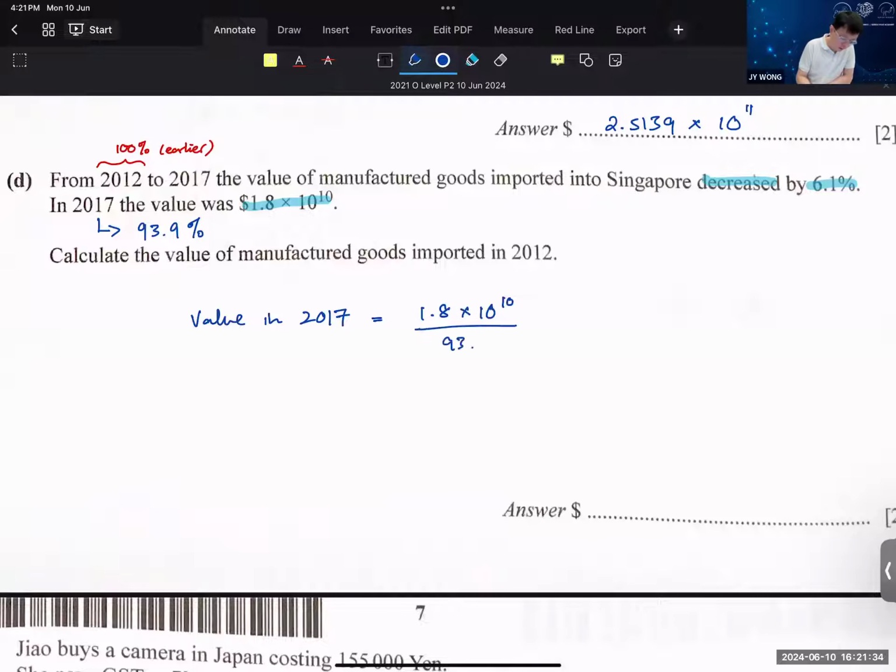So you just divide by 93.9 and then you times 100. That's all. Alternatively, you take 100 out of 93.9 times 1.8 times 10 to the power of 10. So this will give you 1.9169 times 10 to the power of 10.